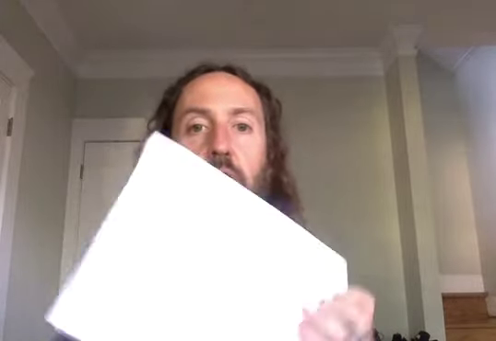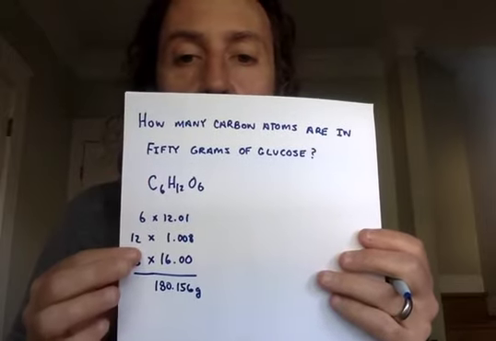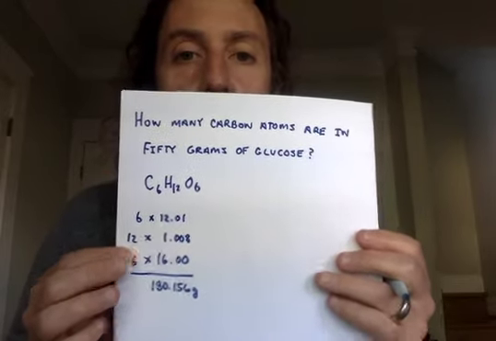And let's see, 6 times 12.01 plus 12 times 1.008, plus 6 times 16 equals, I got 180.156, and since we're going to be talking about grams, that's going to be a molar mass in grams. So that translates into that, okay?